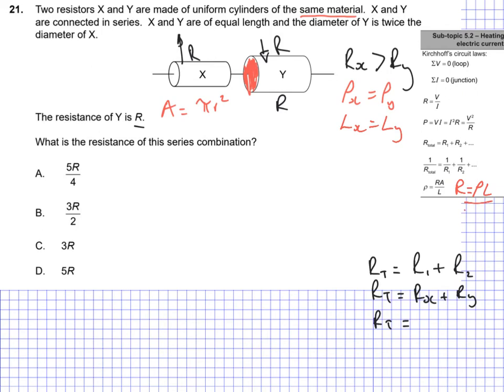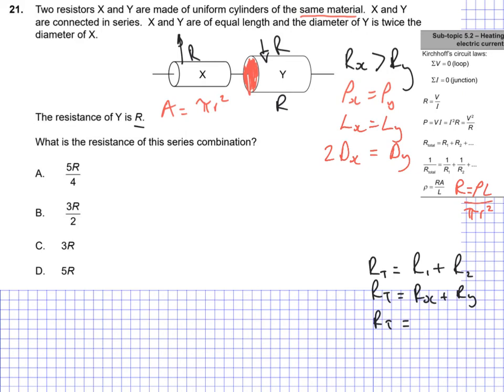Well, the area is pi r squared, and the areas are not the same. Actually, let's put that as a diameter, because that's what we're given in the information. The diameter of X is not the same as the diameter of Y. In fact, you need two diameters of X to get the diameter of Y.